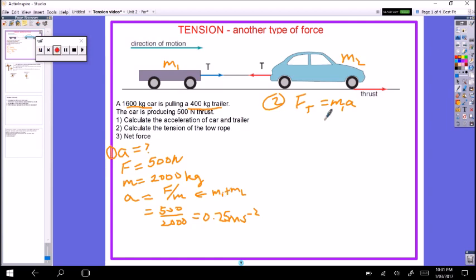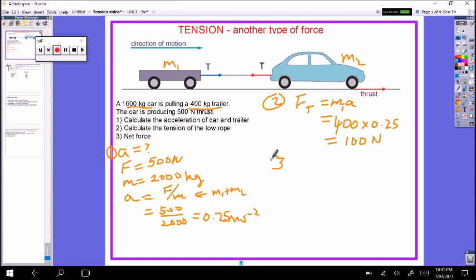Okay, so the acceleration is what we calculated before, 0.25 meters per second squared. So our force due to tension, our tension force, is 400 times 0.25, which gives us 100 newtons.